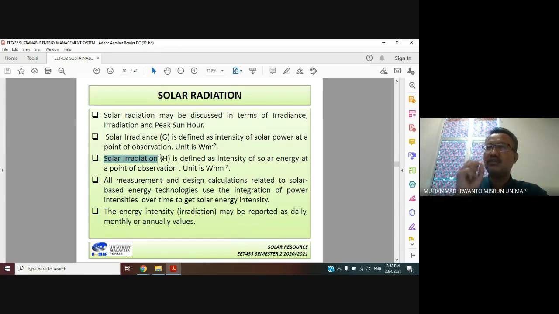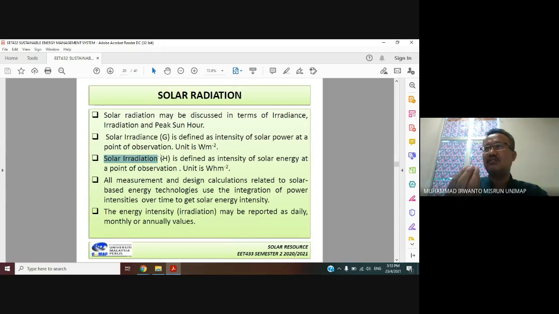For example, after getting the data, the average solar radiation for the annual is 600 watt per meter squared. This means the requirement is fulfilled to develop photovoltaic power generation, because it is above 300 watt per meter squared. Then we can decide this area is suitable to construct PV power generation.